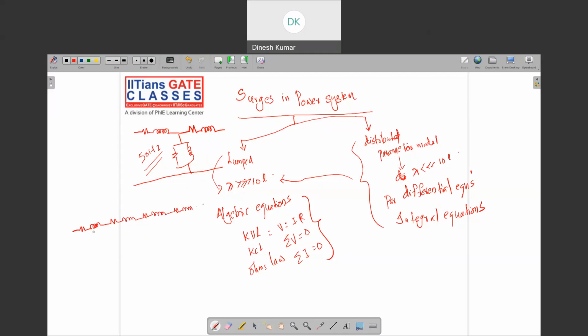Then there is this capacitance. Then there is something else, a shunt. So a transformer actually looks like this.